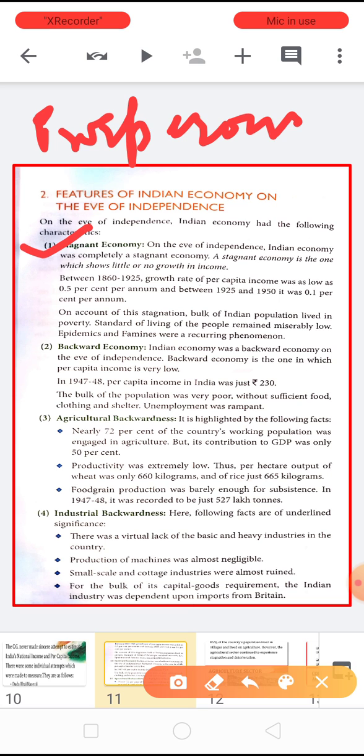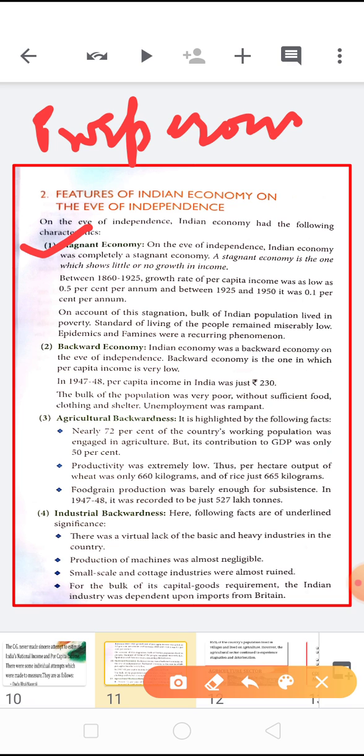Now, what is a stagnant economy? A stagnant economy is one which shows little or no growth in income. The increase in income is either zero or very low.